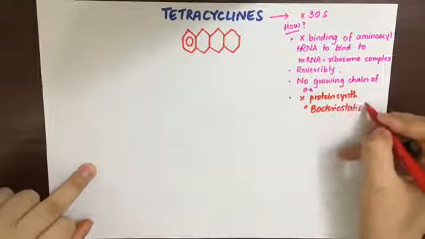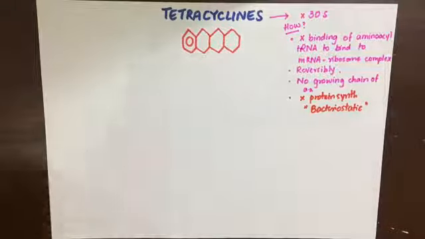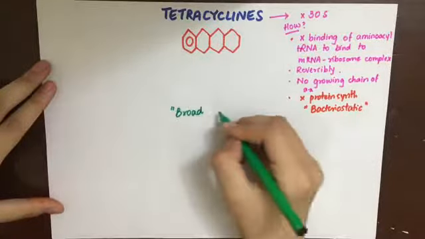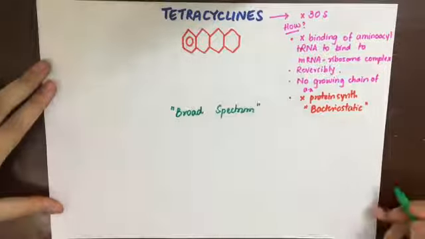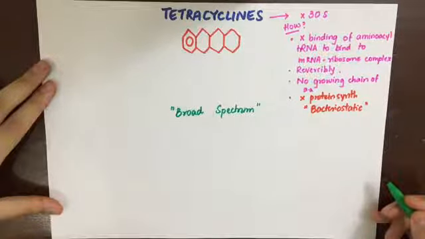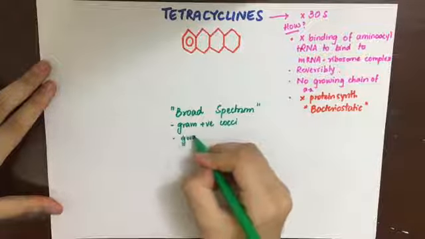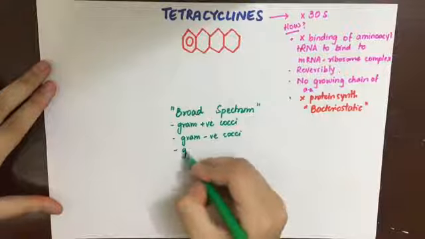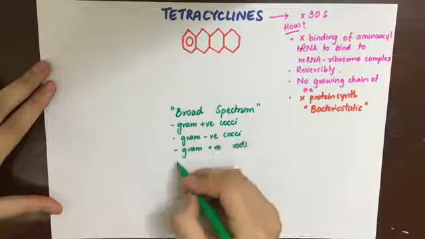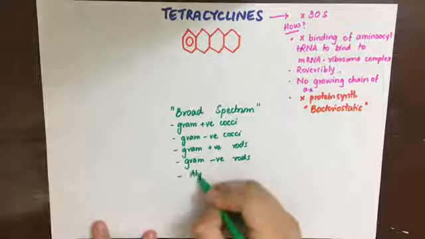Now, tetracyclines have a very broad spectrum of activity. Their activity includes that against gram-positive cocci such as Staph aureus, Strep pneumoniae, gram-negative cocci that is Gonococcus, gram-negative rods such as Vibrio cholerae, H. influenzae, H. pylori, and Yersinia pestis, gram-positive rods like anthrax, and some atypical bacteria such as Rickettsia, Mycoplasma, Chlamydia, and also spirochetes and actinomycetes.